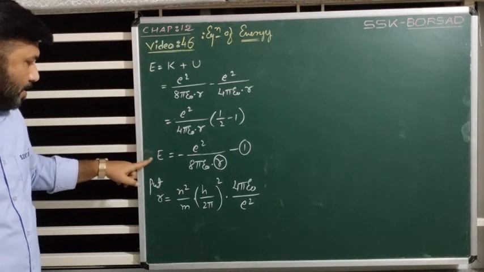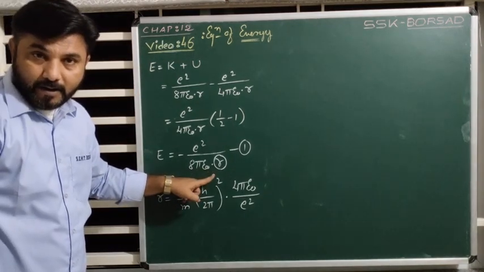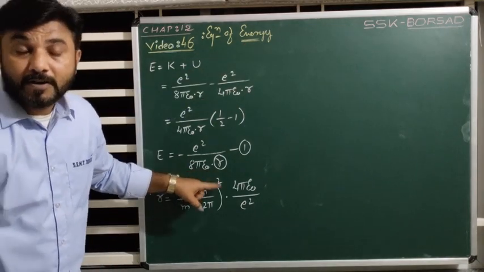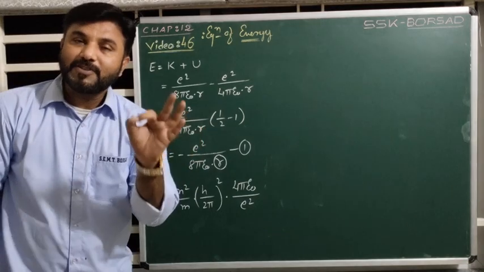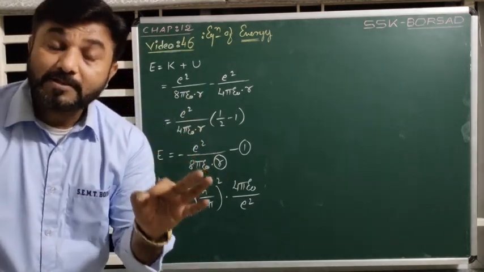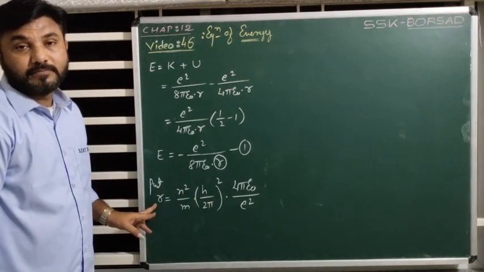It is easy. You are getting r in the equation of E, and you have to obtain the equation of energy by using the value of r. So if this question is asked in your exam, you must remember the equation of r.